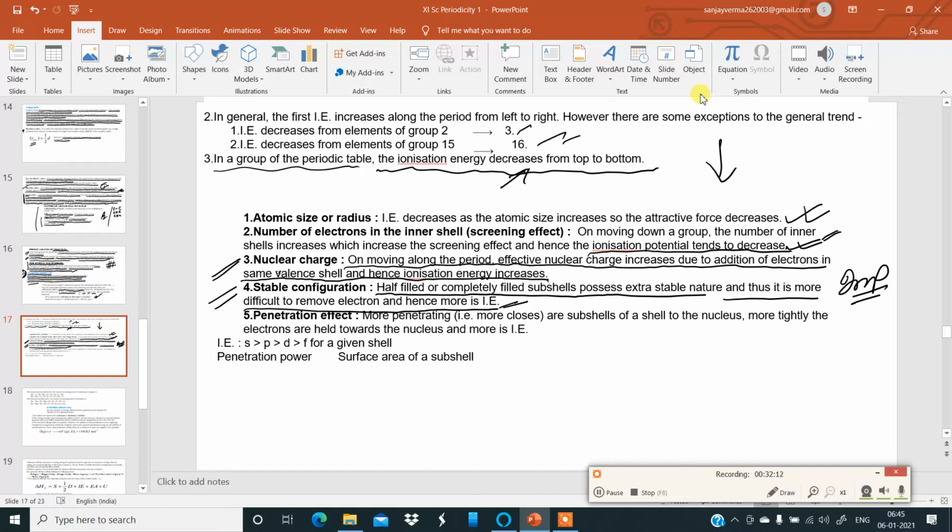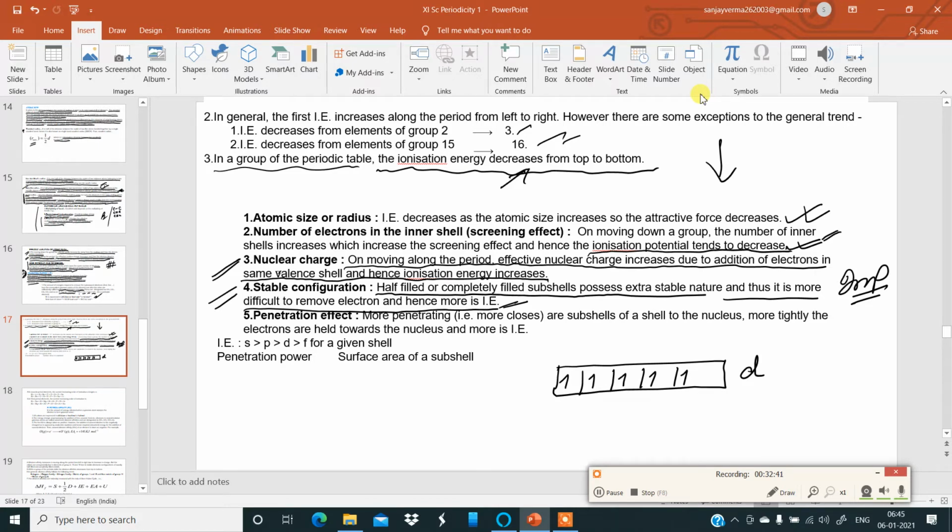Half-filled or completely filled subshells possess extra stability. For example, if I have a d orbital, five d orbitals, and this d orbital has 1, 2, 3, 4, 5 electrons, one electron in each orbital. Now if you look at this, this is a d orbital which is half filled.